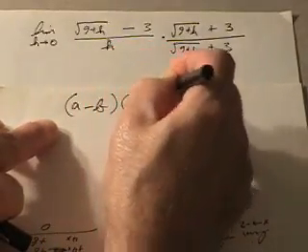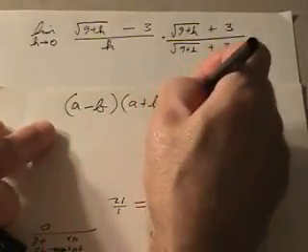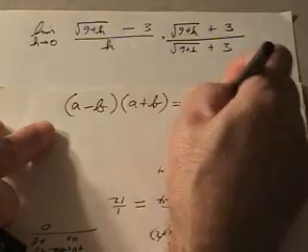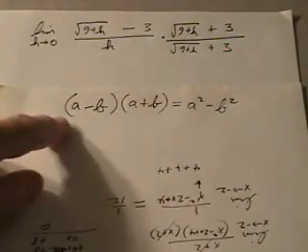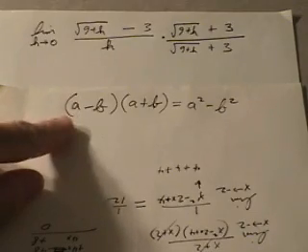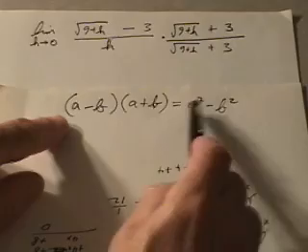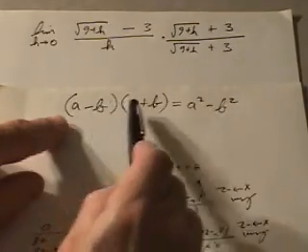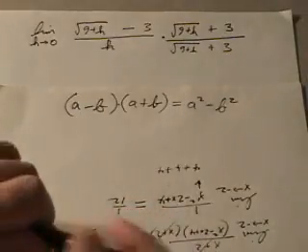What's going to happen? Well, you've all seen this before. A minus b times a plus b turns out to be a squared minus b squared. If you don't know that, stop the video right now and multiply this out and verify. But this is the difference of two squares, and it factors as the first minus the second times the first plus the second.